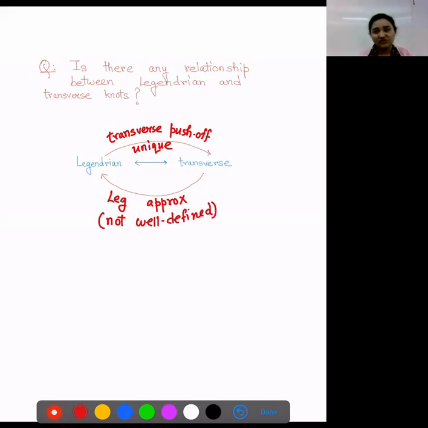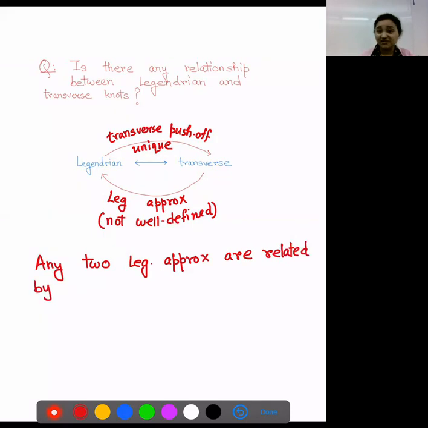But again, there's good news: any two Legendrian approximations are related by something known as negative stabilization. Now, negative stabilization is a local operation on a Legendrian knot.